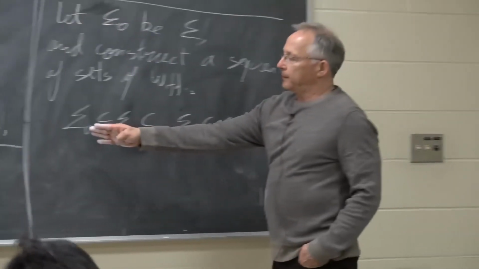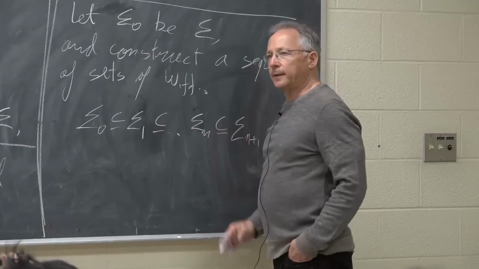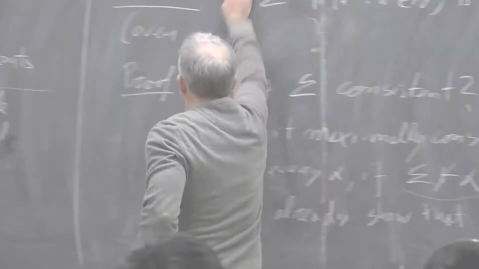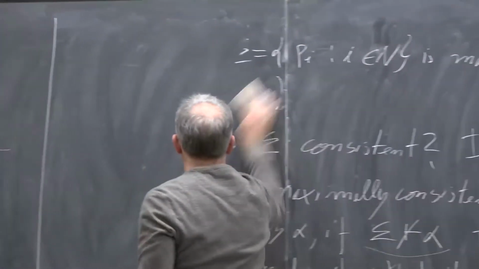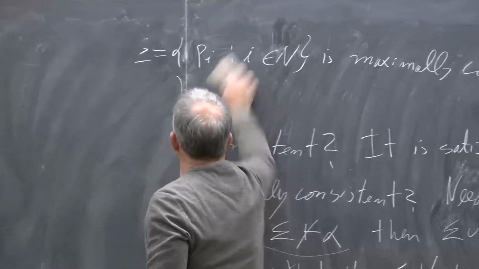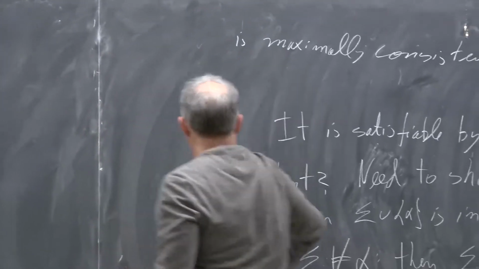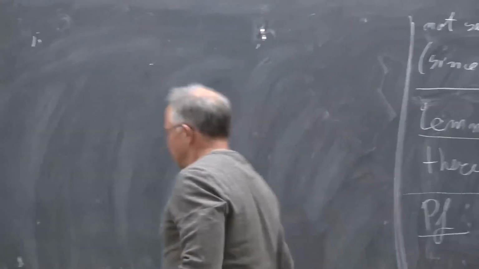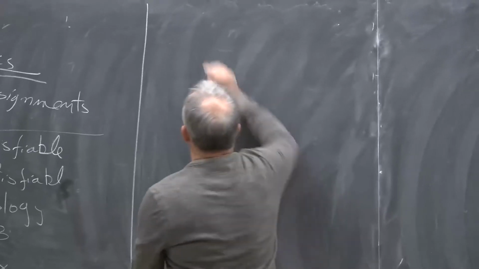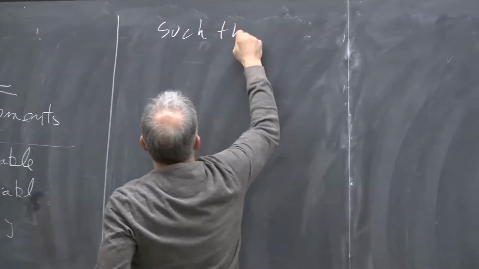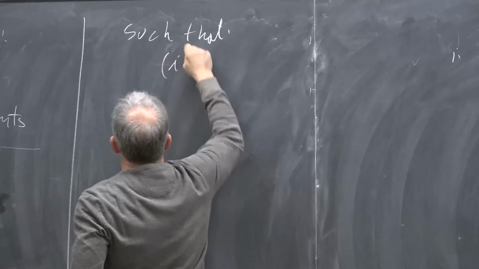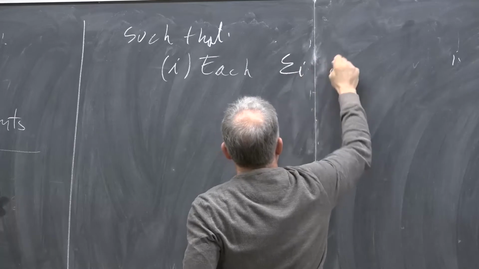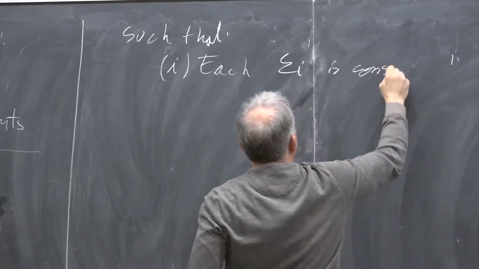So I told you what sigma 0 is, and I want to tell you what the other sigmas are, and we want to make sure that they have some properties. So we are going to construct this sequence, and we want to make sure that we have two properties, such that the following holds. One, each sigma I is consistent.